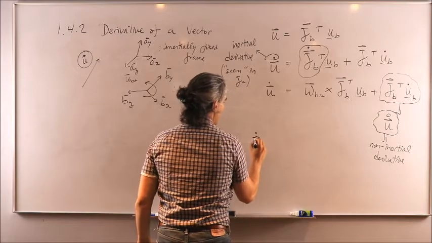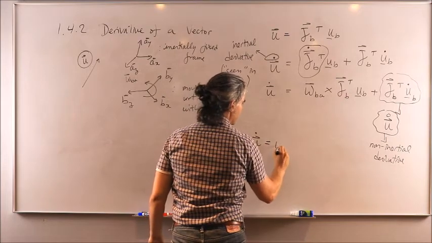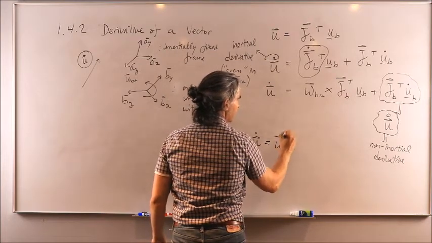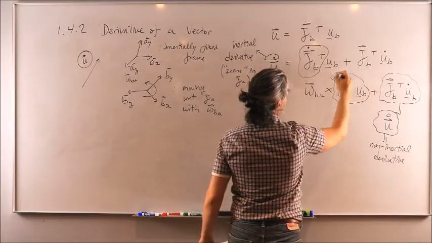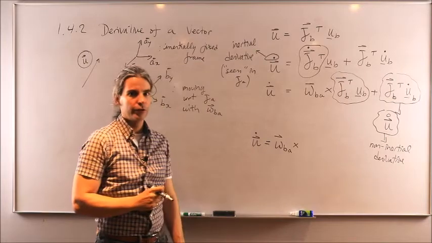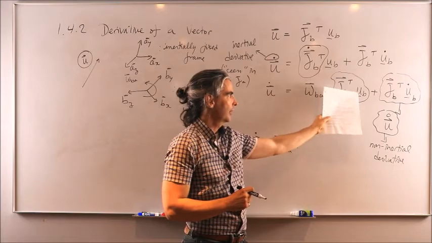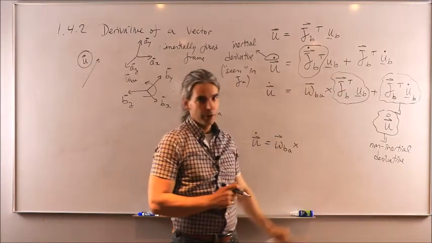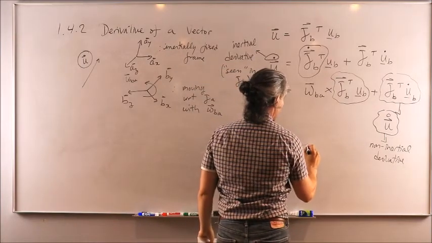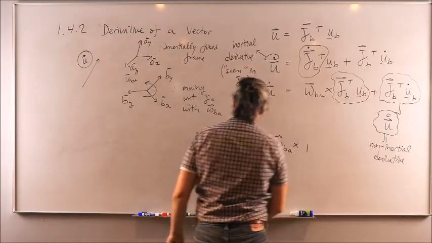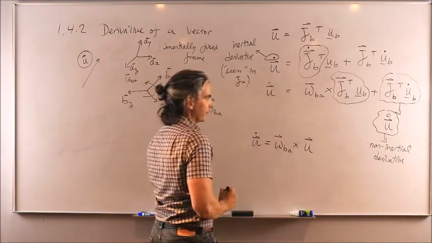So the inertial derivative of u would be equal to omega BA cross product with something. What is that something equal to? We have the transpose of the vectrix times the components of vector u expressed in reference frame B. But that is just vector u, isn't it?